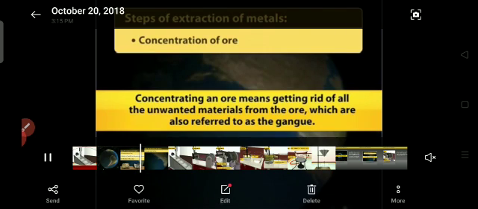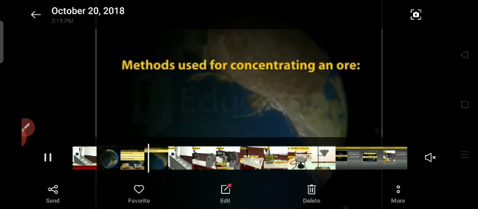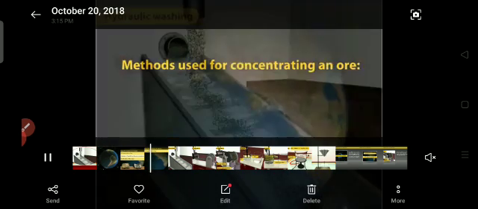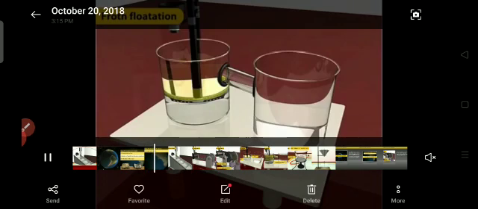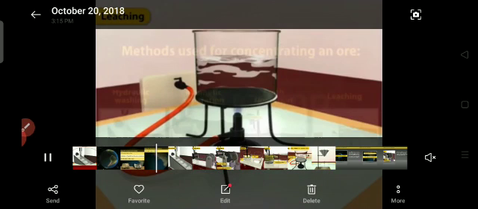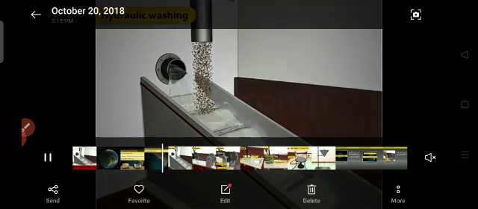Concentration of ore means getting rid of all the unwanted materials, removing the impurities. The methods used for the concentration of ore are hydraulic washing, another one is the gravitational separation method.